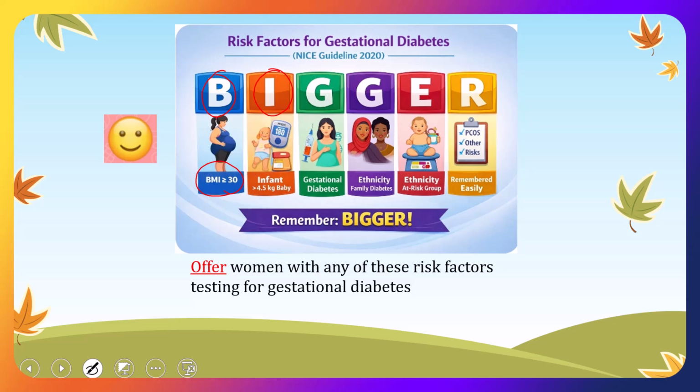Another G stands for family history of diabetes. And E stands for ethnicity, the high risk group. And R stands for PCOS, other risk factors. So now we have to offer the woman with any of these risk factors what? Testing for gestational diabetes mellitus.